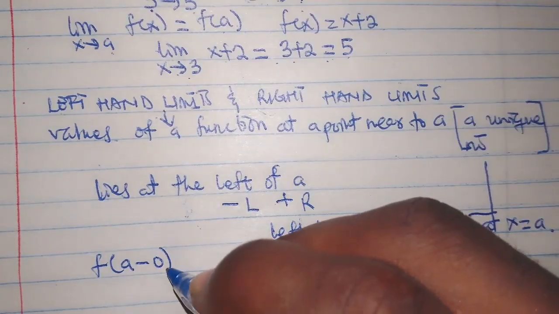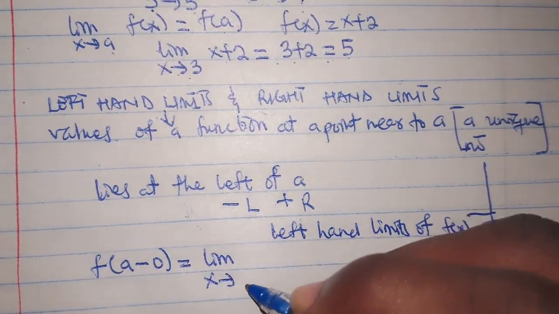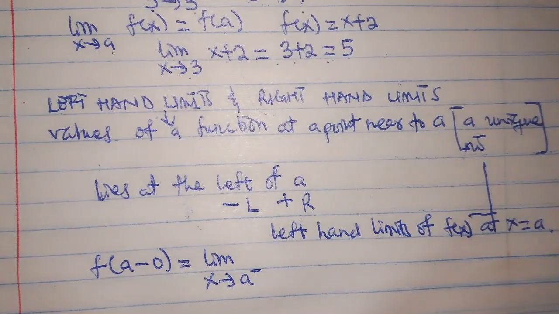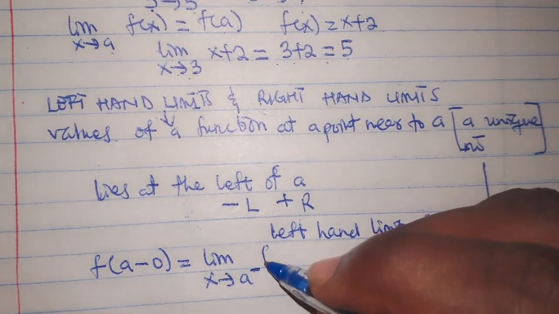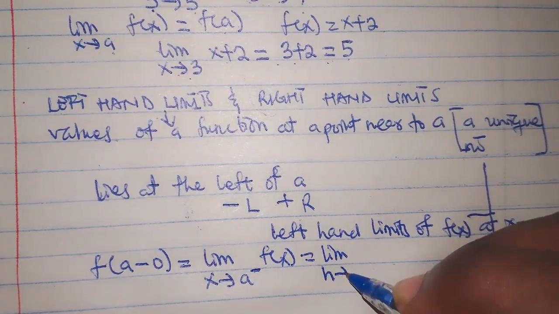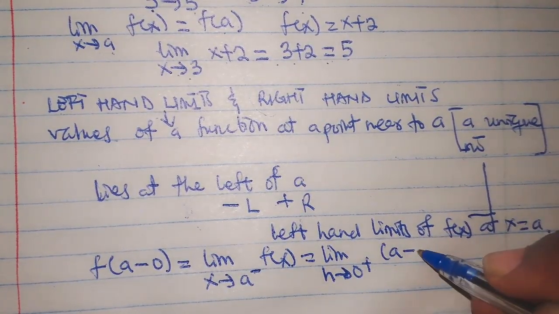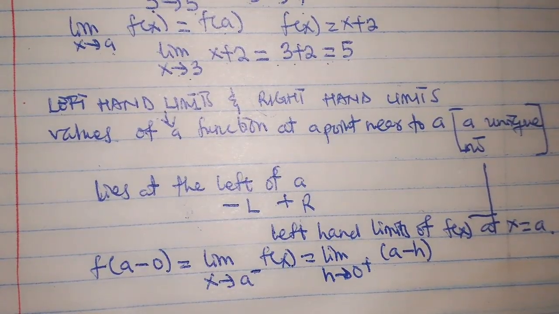So we take f of a minus 0 is equal to the limit as x approaches a to the power negative of f of x, which is equal to the limit as h approaches 0 plus of f of a minus h.